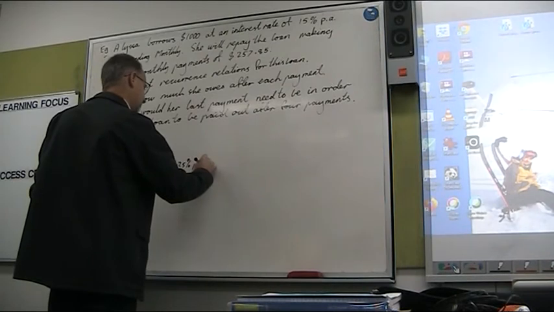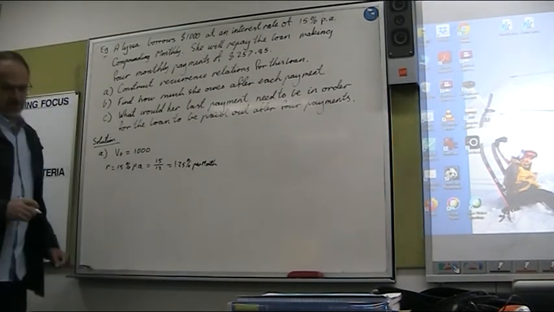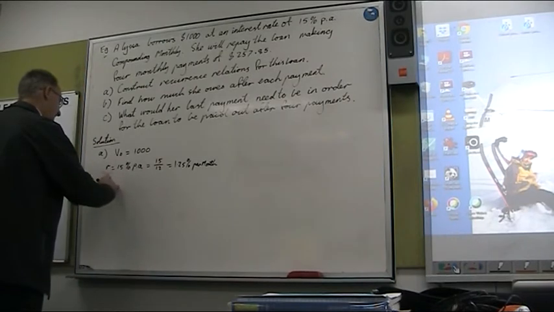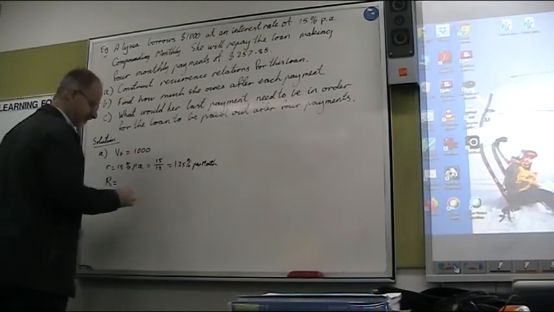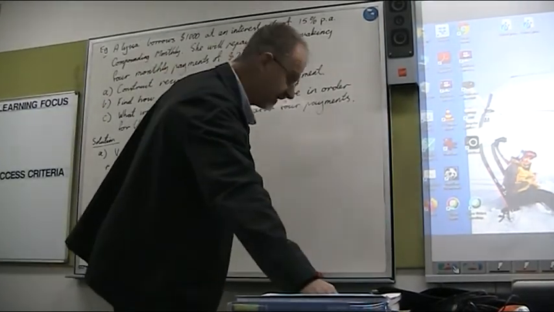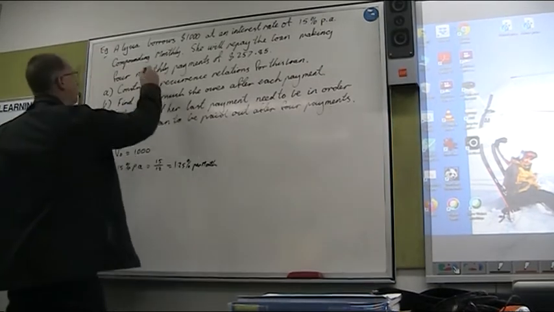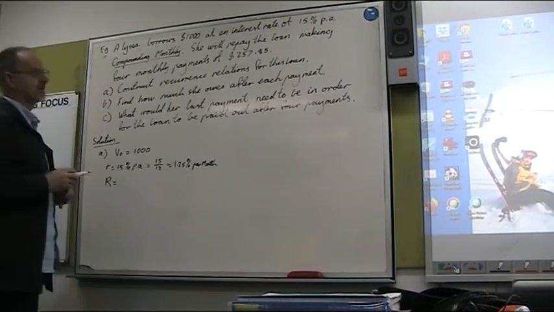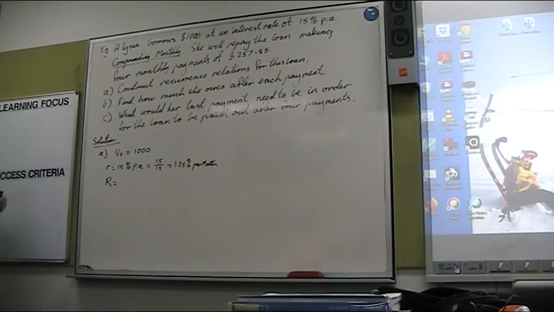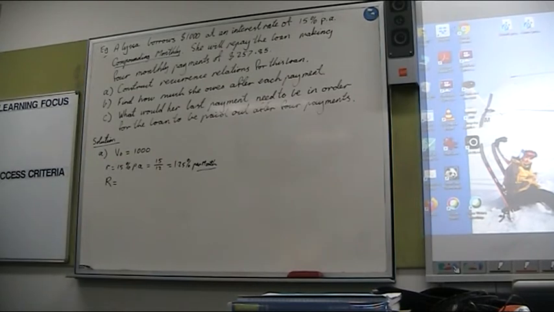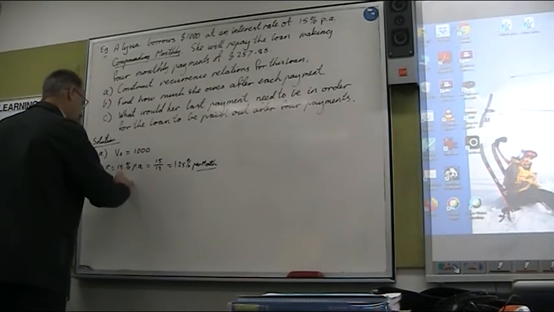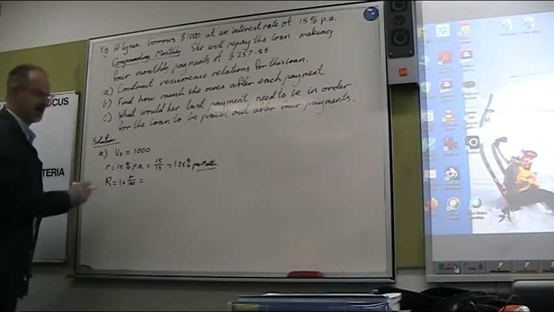So in our recurrence relation for our big R, remember our little r was per compounding period. Because it's compounding monthly, we need to have our little r per month, how often that interest is being charged. So our big R is 1 plus little r on 100, and we've just figured out our little r.